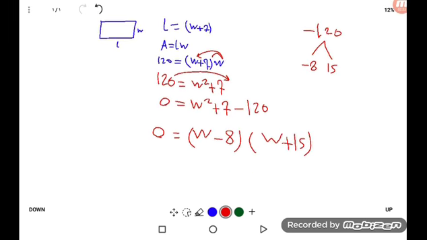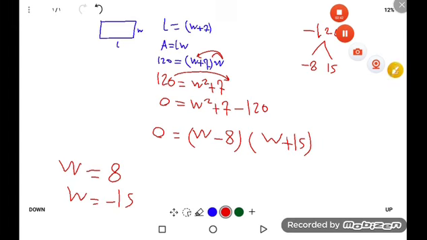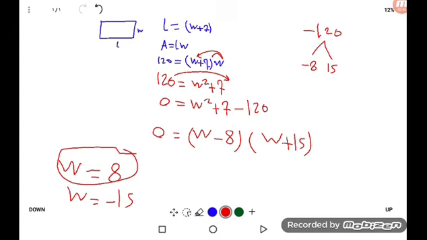So either W is equal 8 or W is equal minus 15. So the width is equal 8.